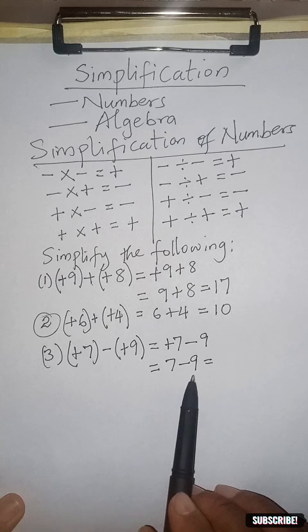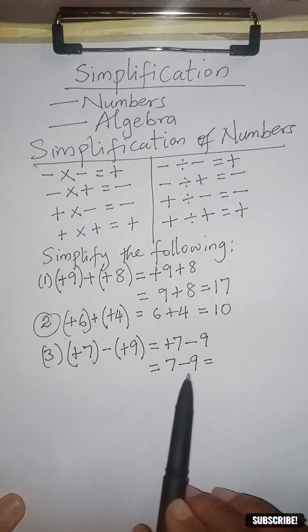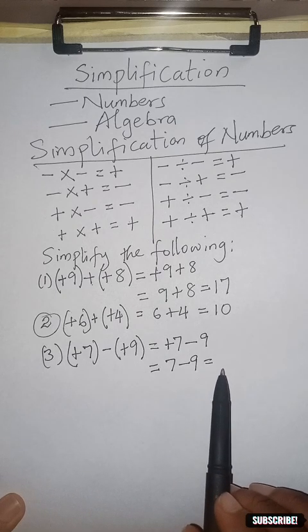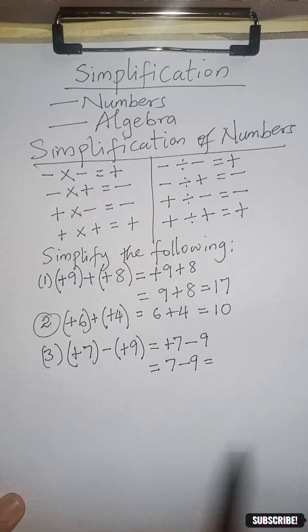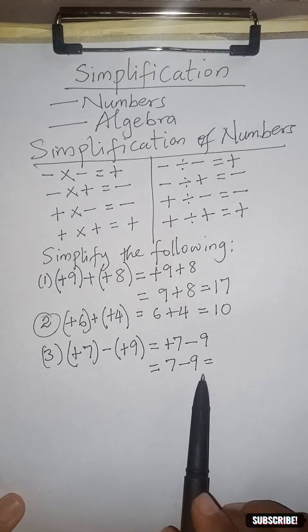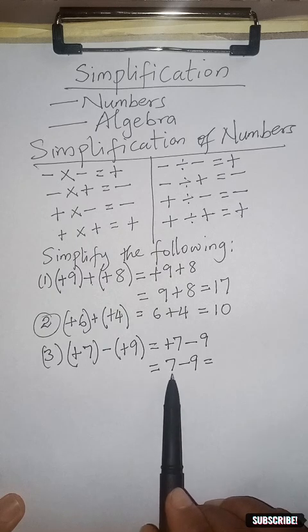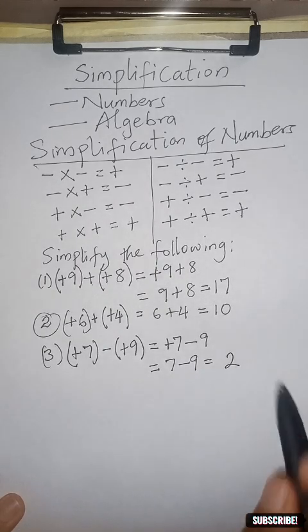Now, the value of 9 here is greater than 7. If I subtract, what will be my value without using a calculator? I'll simply use this 9 to subtract this 7. 9 minus 7 is 2.